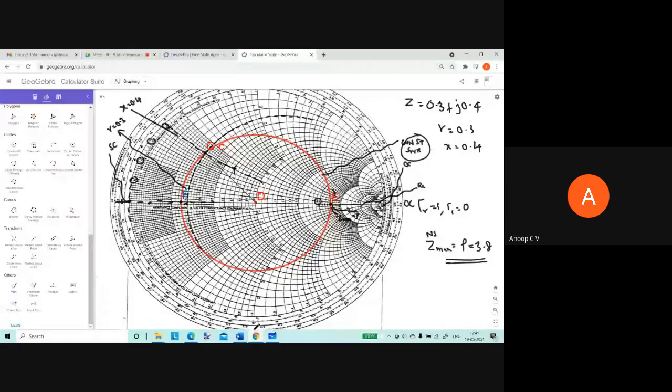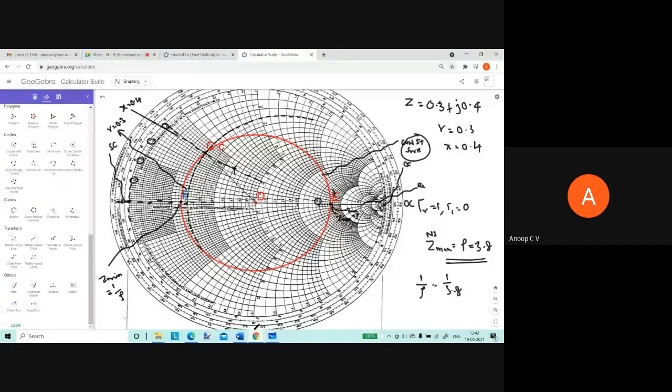And this point F will correspond to Z min, and that will be equal to 1 by rho. These two points, E and F, are diametrically opposite. If I zoom in and see, this F, or 1 by rho, should be approximately equal to 1 by 3.8, the reciprocal of this.